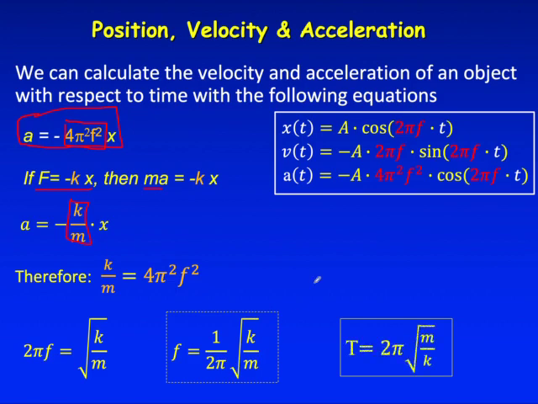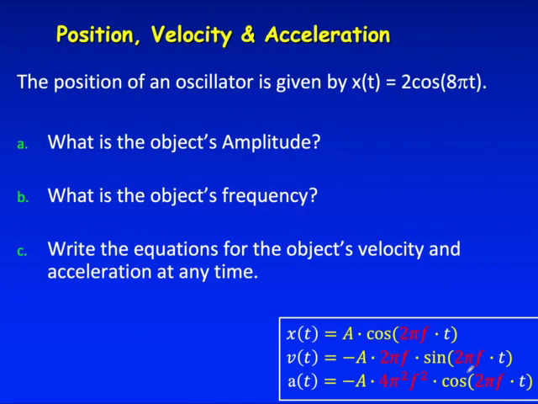And because period is equal to the reciprocal of frequency, you can also rewrite that equation this way. And this is the equation that you'll find on the AP formula sheet for a mass spring oscillator. The period is just equal to 2 pi times the square root of the mass over the spring constant. And it's very useful in a lot of ways.